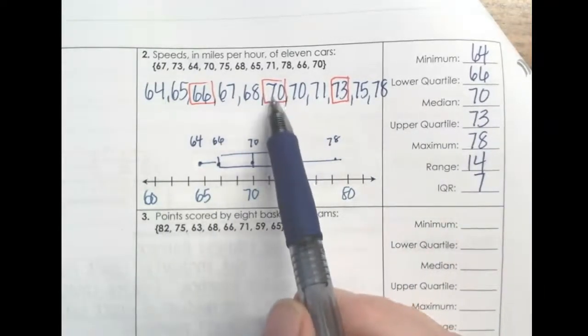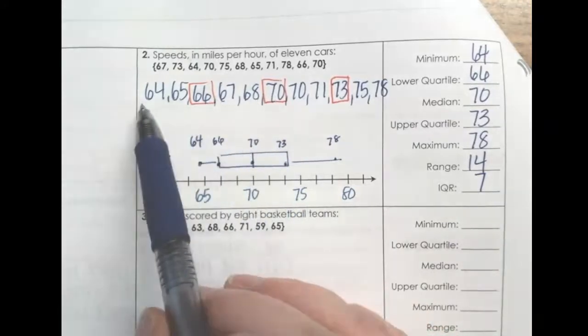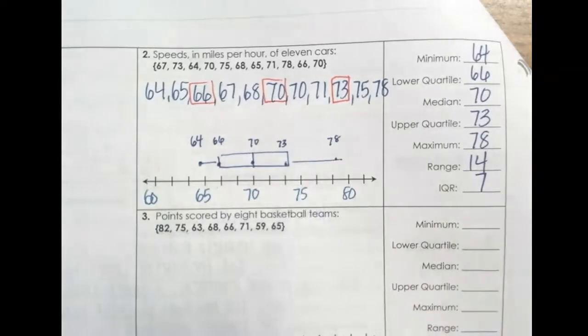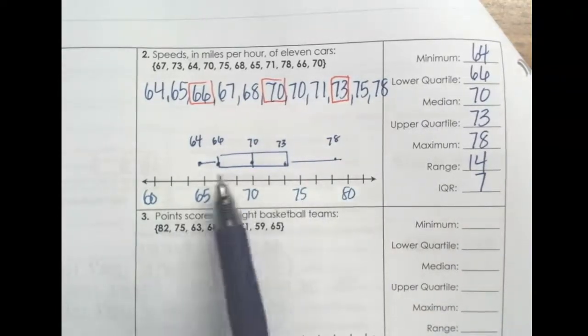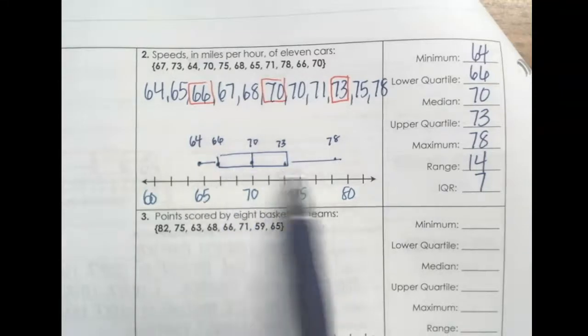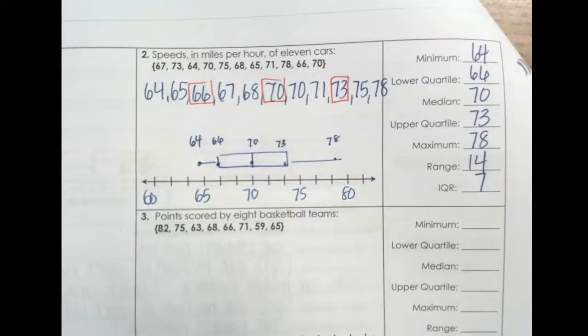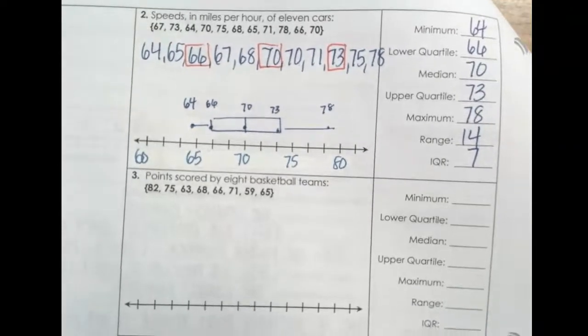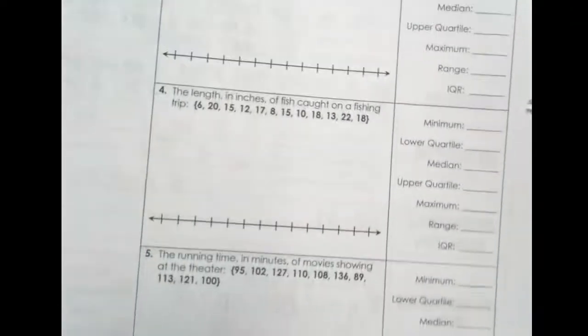I found my median, and then I had 1, 2, 3, 4, 5 in the lower half and 5 in the upper half, which have exact middles because they're also odd. And then I took my numbers, I transferred them on to a number line and drew my box and whisker plot.